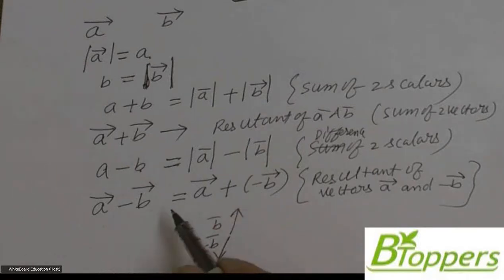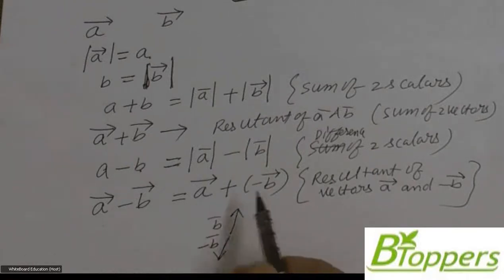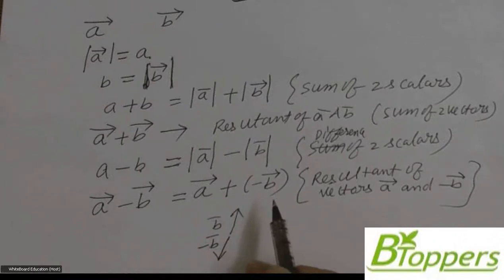That means to find the difference of two vectors, we have to add the two vectors A bar and minus B bar by following the same rules of vector addition.